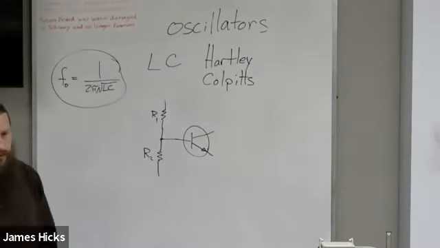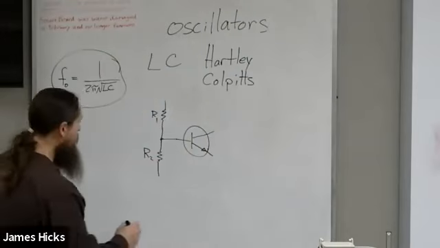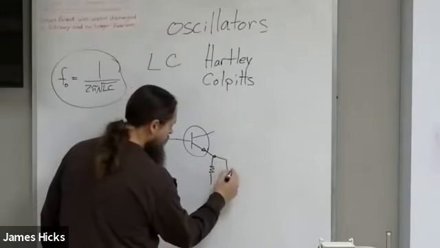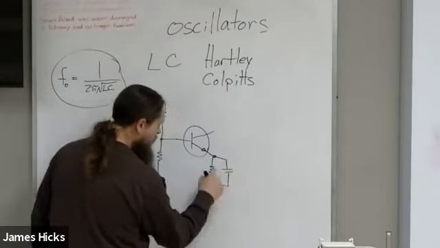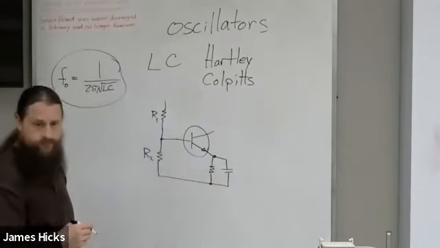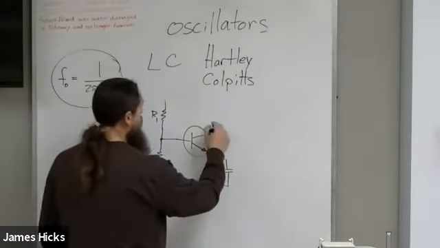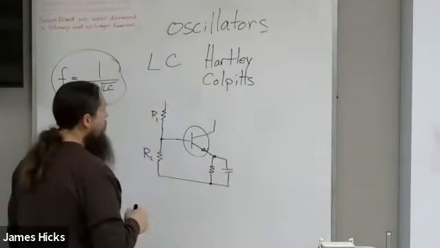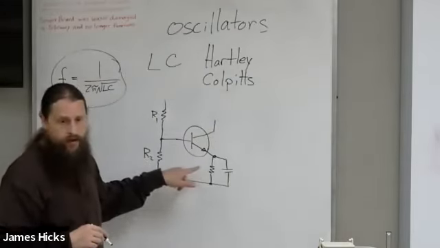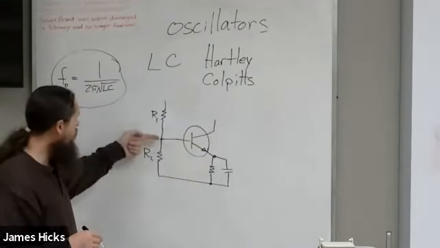R1 and R2 properly bias it. On the emitter, there's always a resistor. Now I've got to figure out how I'm going to feed back this signal into this.